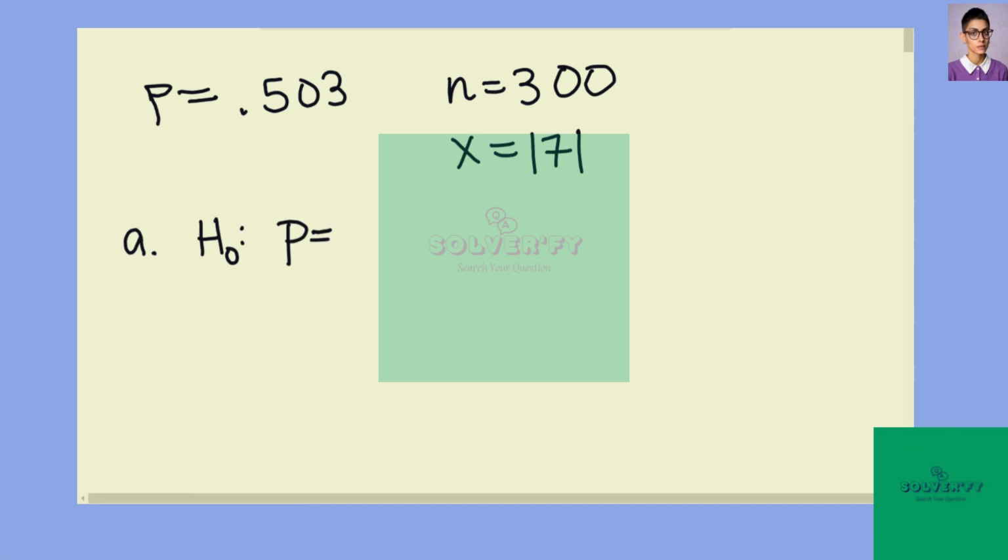So for the first one, our null hypothesis should be that the true proportion is equal to 0.503. And our alternative is that the true proportion is different from 0.503.